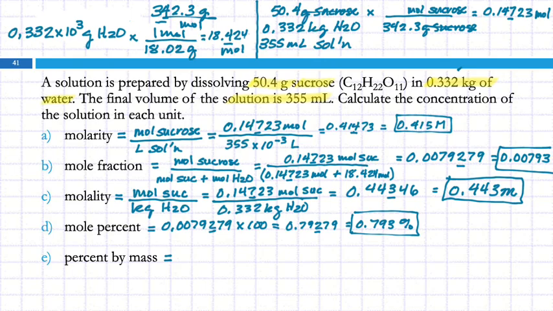Yeah, it'll be the part over the whole in mass, so grams of sucrose divided by grams of what? The solution, right? The whole solution. So by the grams of the solution and times 100.